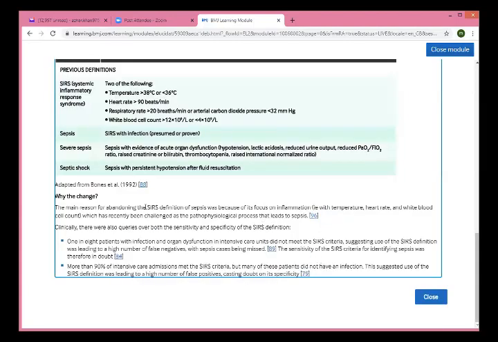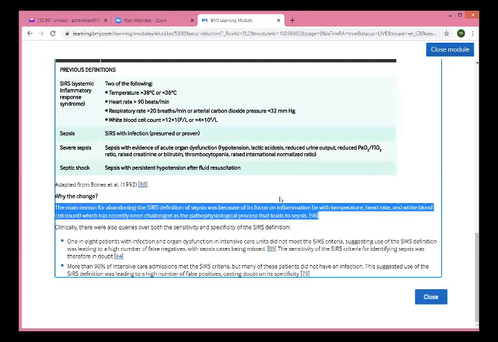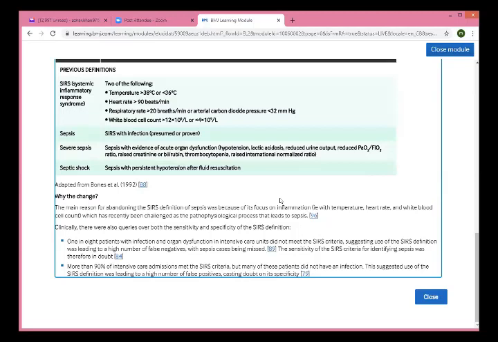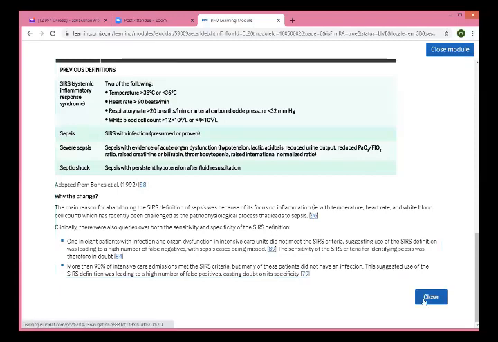SIRS was focusing on inflammation. There are quite a few problems with SIRS. That's why they have moved away from it in the definition of sepsis.